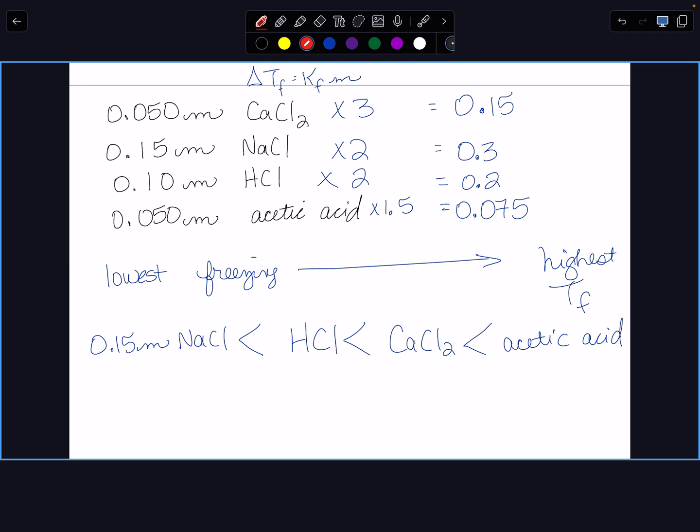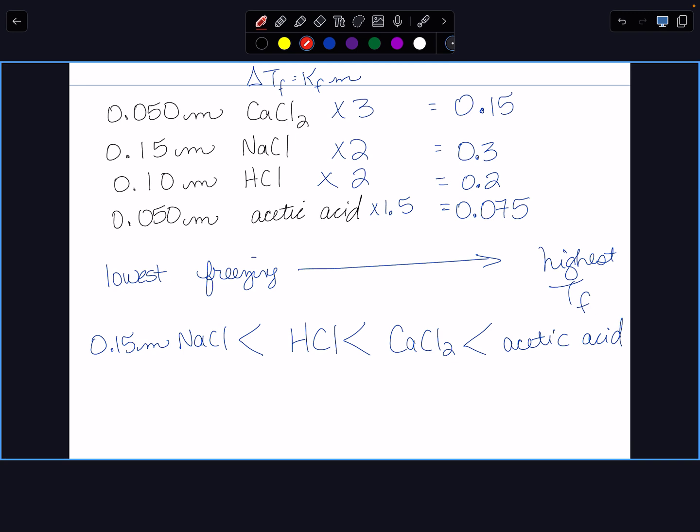If we're talking about freezing point depression, water's going to be at this extreme. It's going to be the highest freezing point, because all of these are in water. Water freezes at 0 degrees Celsius. This 0.15 molal sodium chloride is going to freeze at a much lower temperature than that. So the freezing point of water would be the highest of all these, because all these are freezing point depression. Make sense?